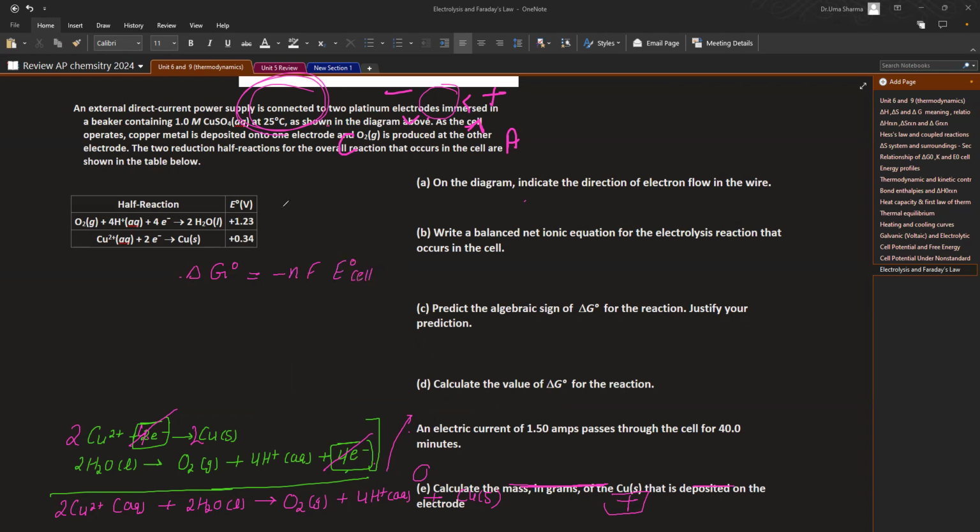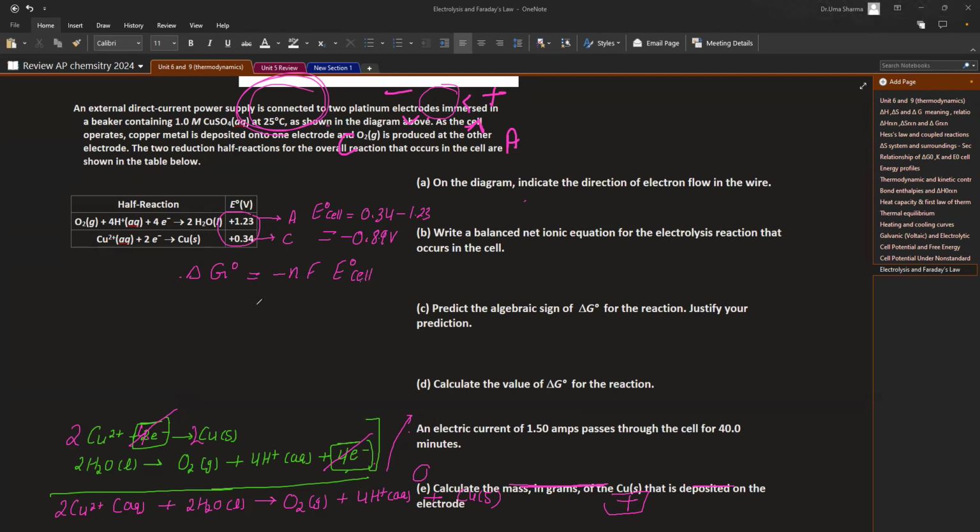But do I have E naught cell? I know that this is anode and I know that this is cathode. So what is E naught cell? If you remember, you are taking reduction potentials, children. So it is E naught cathode minus E naught anode. So 0.34 minus 1.23. Is this answer negative? Yes. A negative answer, Nivriti, indicates it's an electrolytic cell. You are doing a non-spontaneous reaction, right?